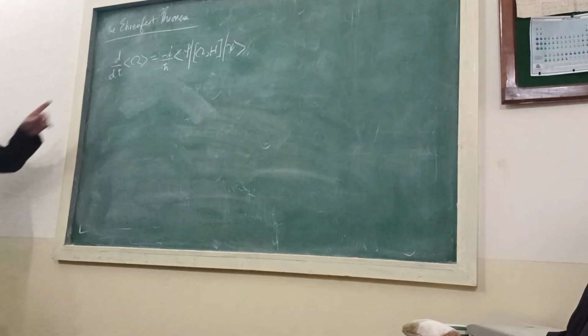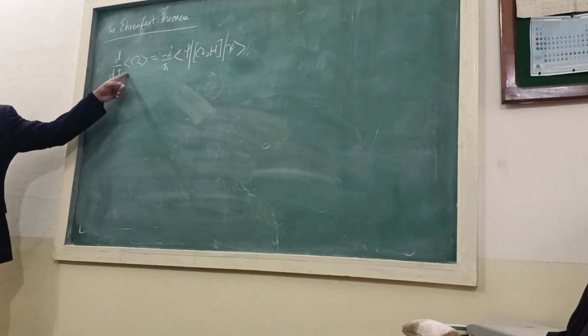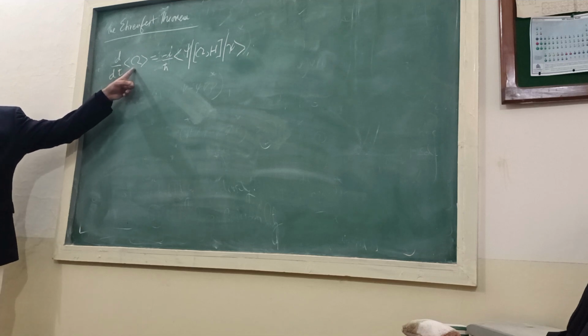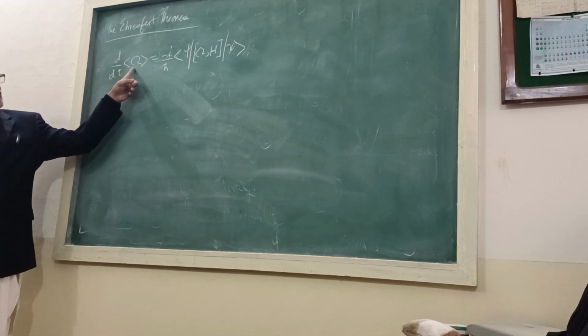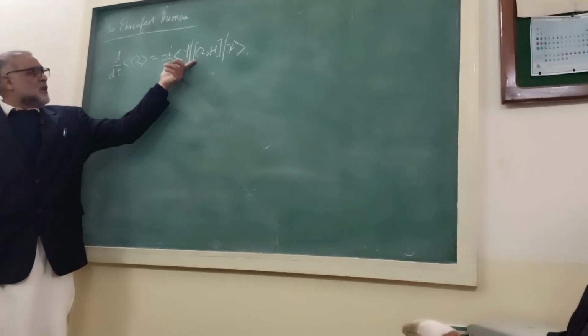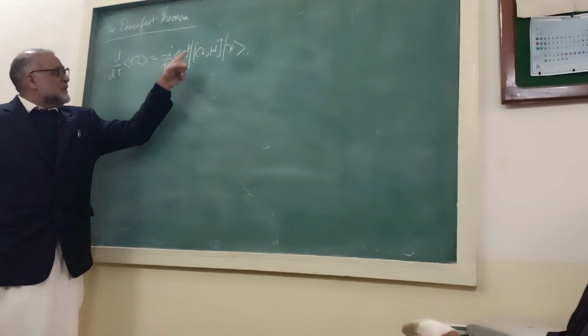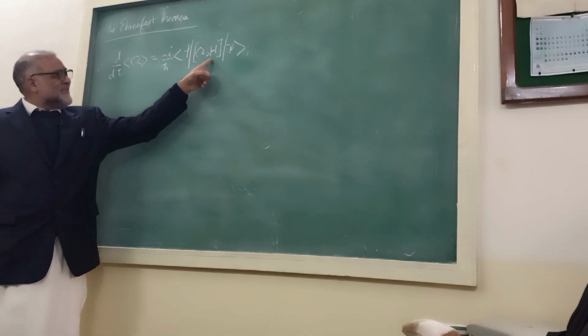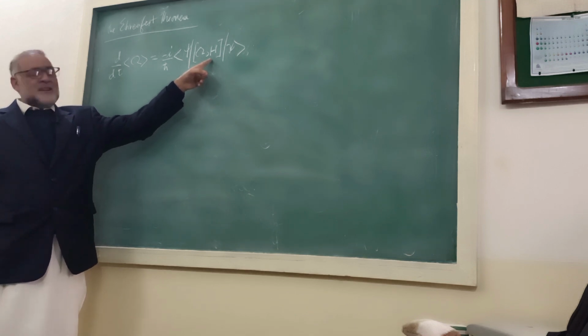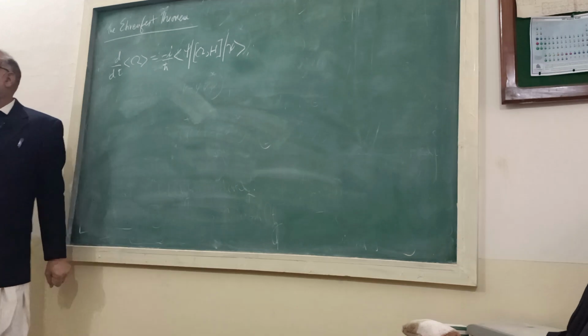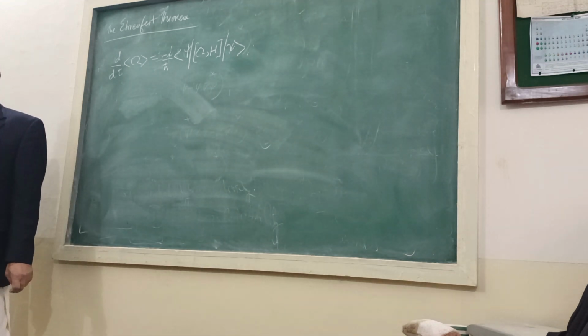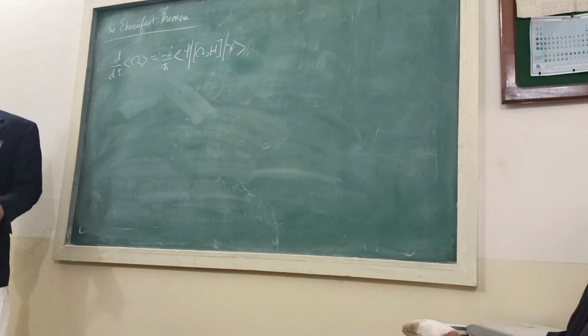The rate of change of the expectation value of an observable is equal to the expectation value of the commutator of that observable with the Hamiltonian, only that you have to divide it by i h cut. That is his theorem, right?